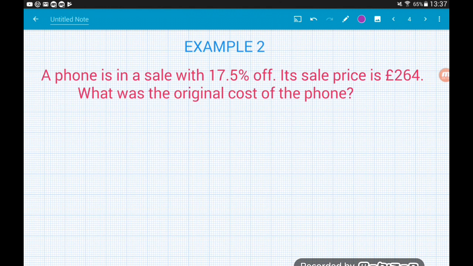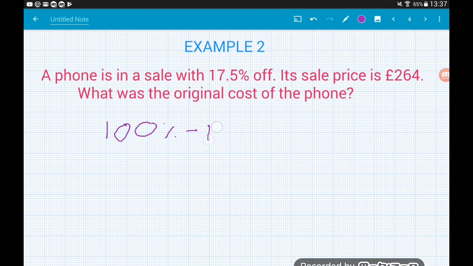Okay, the next example. A phone is in a sale with 17.5% off its original price. Its sale price is £264. What was the original cost of the phone? So, the original cost of the phone was 100% of the original cost of the phone. In the sale, there's 17.5% off.